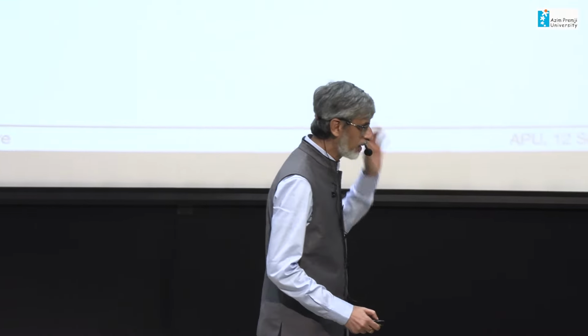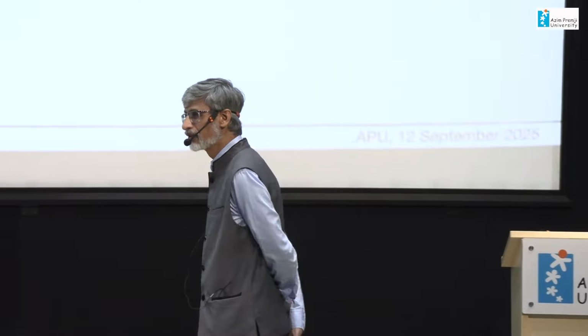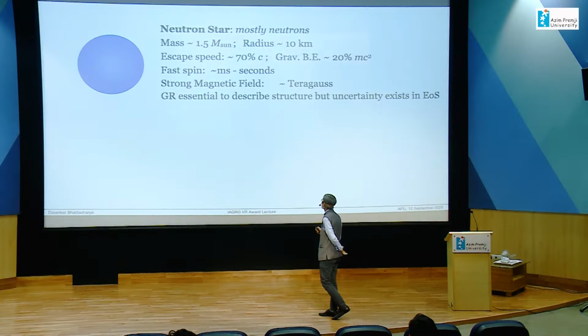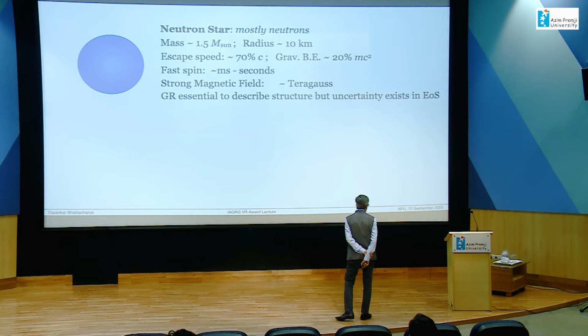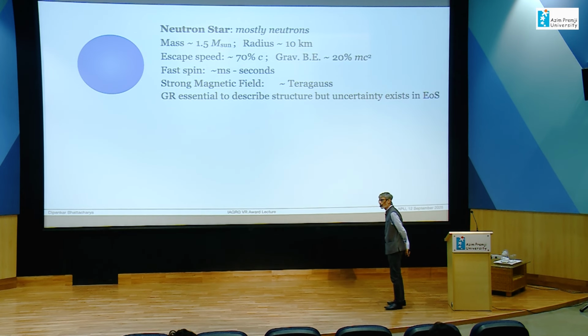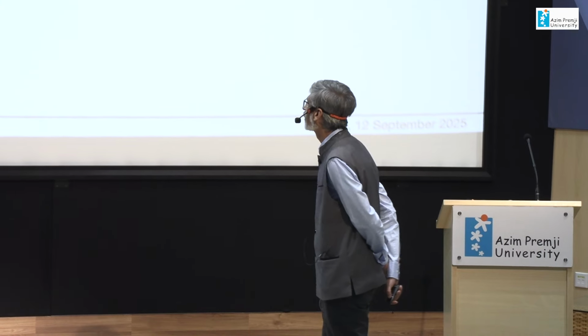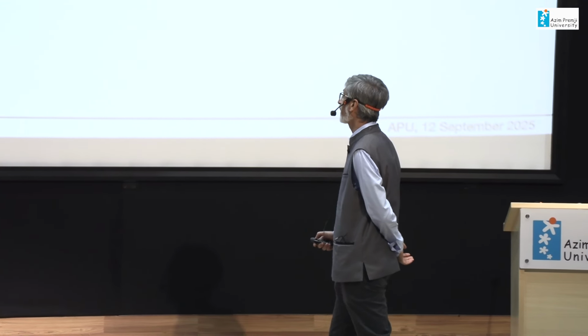And now you have an object which is 1.5 times the mass of the Sun, condensed within 10 kilometers, rotating on its axis 1,000 times a second. So these are highly exotic objects for that reason, and therefore create the kind of phenomena near the surface which are not seen in any other setting.